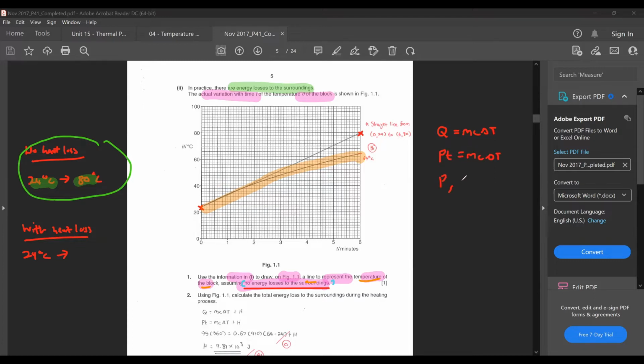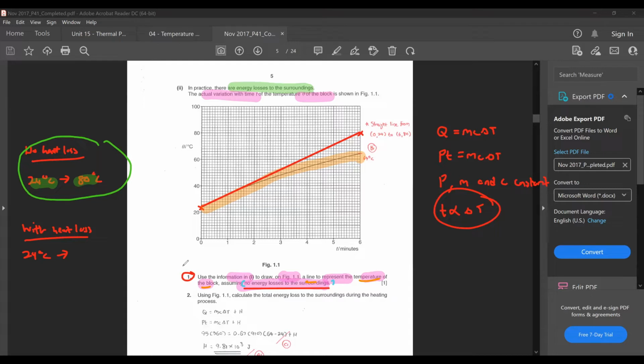If P, m, and c are constant, t is actually proportional to your temperature change. All right, so it's showing you a linear relationship just by looking at this. That's the reason why I can say that the actual line should have been a straight line like this. Okay, no curves whatsoever, just a straight line. All right, so this is actually for part 1 over here.